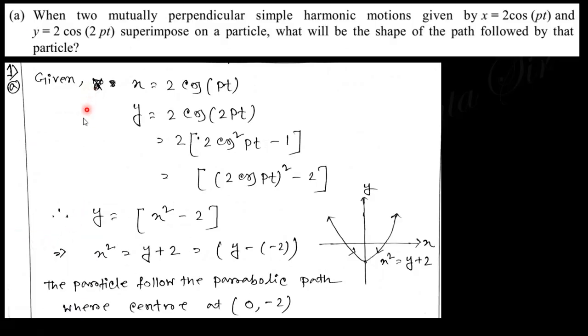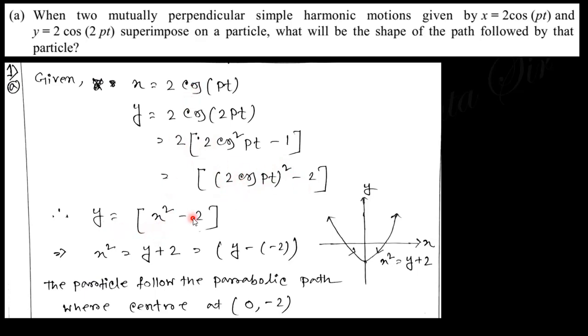The first question says: when two mutually perpendicular simple harmonic motions, represented by x equal to 2 cos pt and y equal to 2 cos 2pt, superimpose on a particle, what will be the shape of the path followed by the particle? Putting cos 2pt as 2 cos square pt minus 1, this is 2 (cos pt) whole square minus 2, and cos pt part is nothing but x.